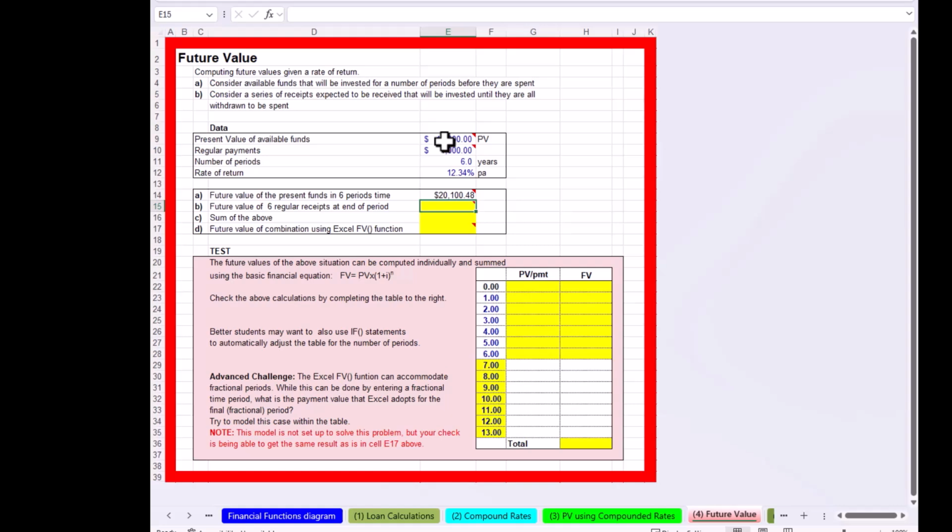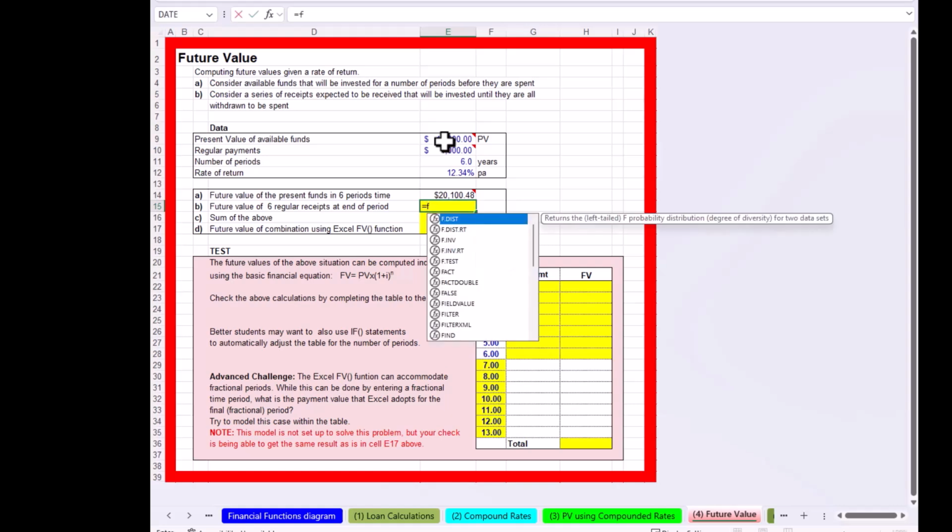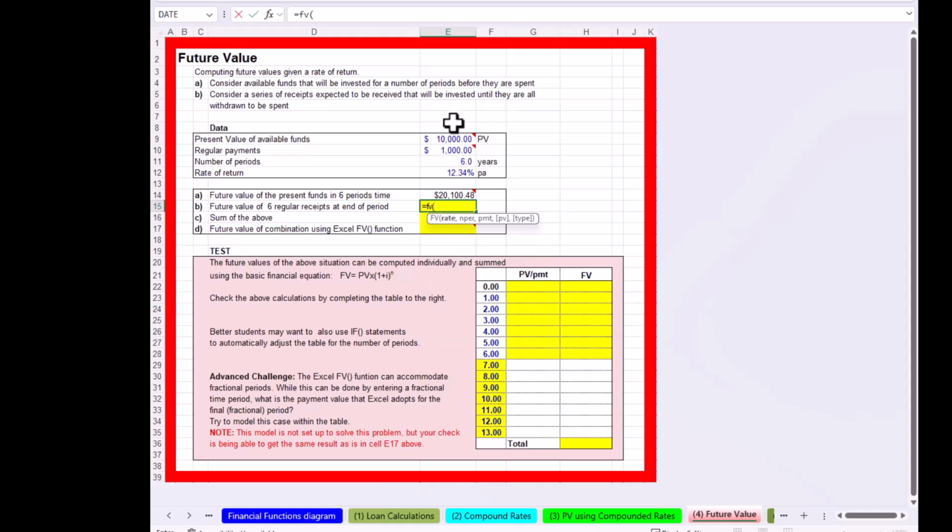Moving on to the regular payments, same function, equals FV, open brackets, the rate, comma, the number of periods, comma. Here we're going to use a payment negative, and I can just close out the function, and that gives me 8,185. The sum of the above, I'll use the auto sum function just for pure laziness.